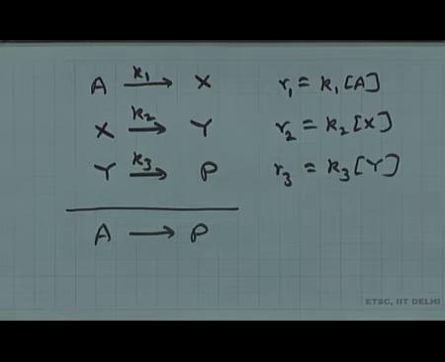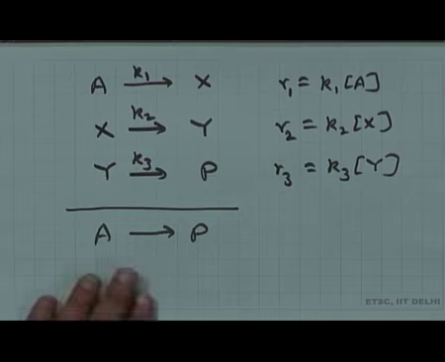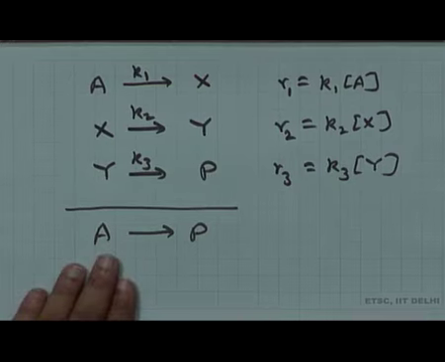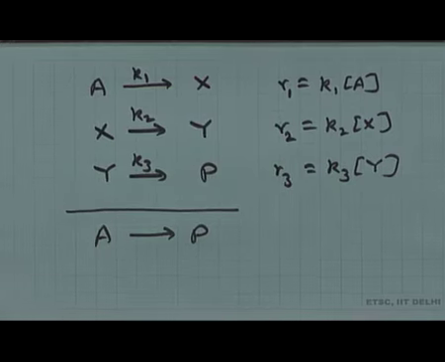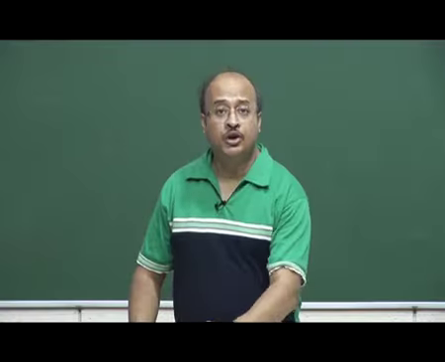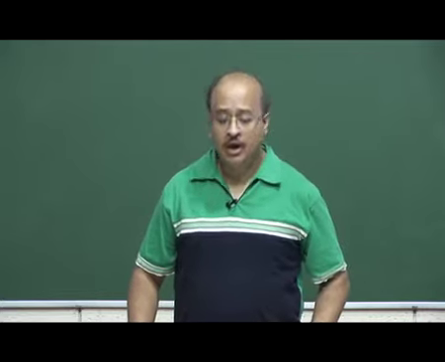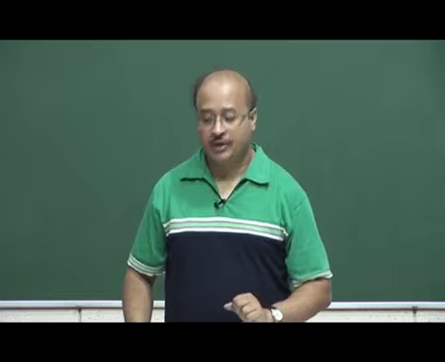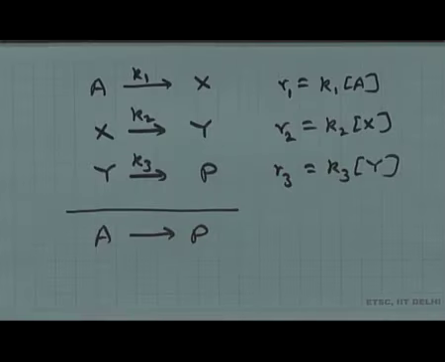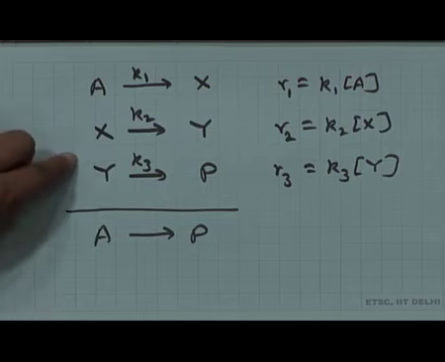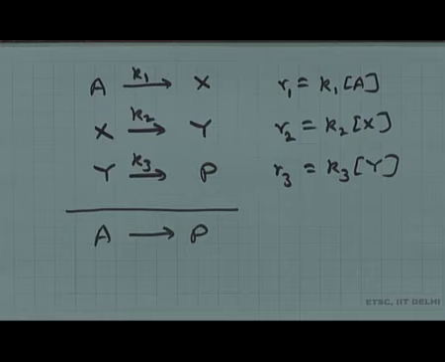Now, this is the question you are asking. This conversion from A to P is definitely composite in nature, because it is constituted of 3 distinct elementary reactions. Each elementary reaction, A going to X, X going to Y, Y going to P, is given by the corresponding rate expression R1, R2, R3, and they have different rates.